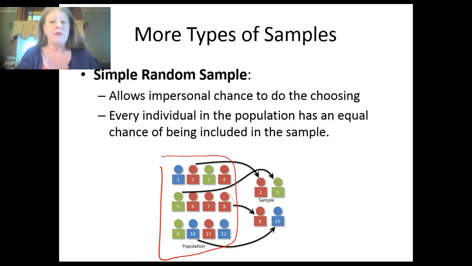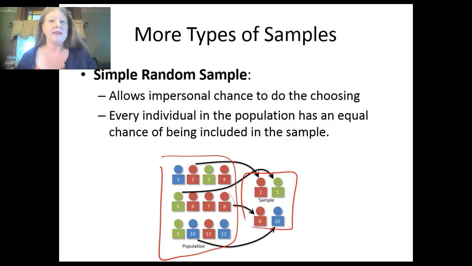If I had a relatively small population, I could number each person, put all those numbers in a hat, mix up the numbers in the hat and just randomly select the numbers that are going to be in my sample. If we have a much bigger population where it would be very hard to write all these numbers down and put them in a hat, we might use computer technology to help us choose a random sample of numbers.